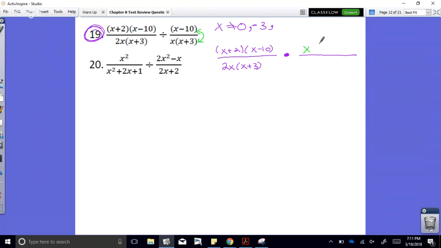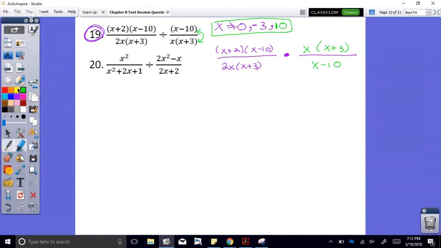So this is now x over x plus 3 and x minus 10. We then go back to our restrictions. If there's anything in the denominator now that was not in the denominator earlier, we add it to our restrictions. Since we've moved the negative 10 to the denominator, x cannot be 10. So we are now done with my restrictions.